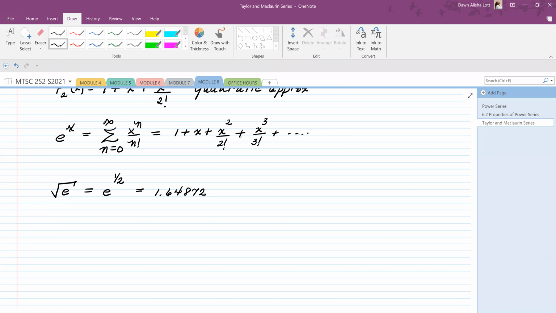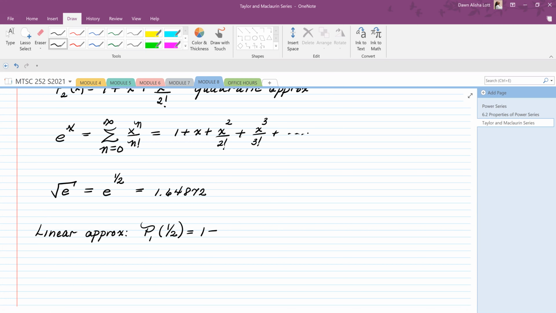So now, like I said, we have the constant value. Obviously, that's going to be terrible, but let's look at the linear approximation. The linear approximation would be to take P1 of 1/2.